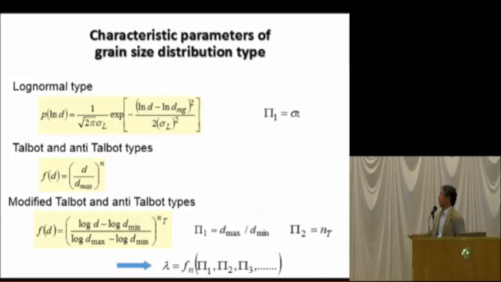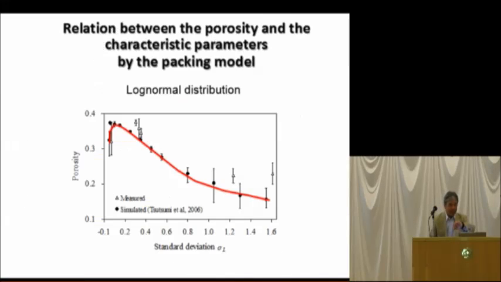For log normal type, the standard deviation is the parameter. For the Talbot type, one parameter is D max divided by D minimum, and the other is the Talbot number. There are two parameters. Okay, I have so much time. This is the relation between porosity and these characteristic parameters for the log normal distribution.